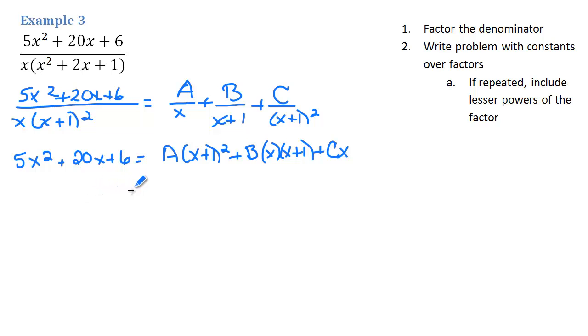So what's going to make this easy? Well, if x is 0, the B and the C go away, and we're left with 6 equals A times 0 plus 1 is 1, squared is 1, so A is 6. Now let's let x be negative 1. Negative 1 squared is 1, 1 times 5. Negative 1 times 20.